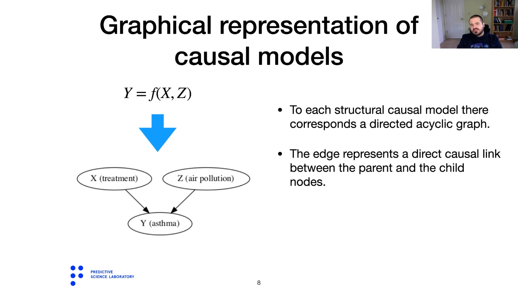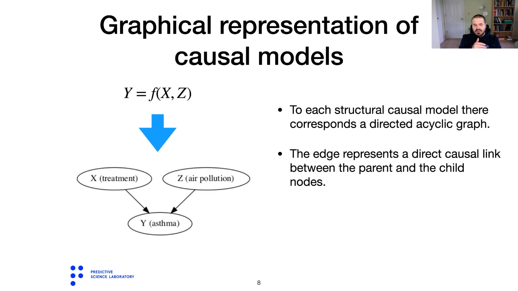Now, to each structural causal model, there corresponds a directed acyclic graph. That is a graph that has edges that are arrows, and it is acyclic in the sense that the arrows do not form a cycle inside the graph. Now, the edges in this graph represent a direct causal link between the parent and the child node.